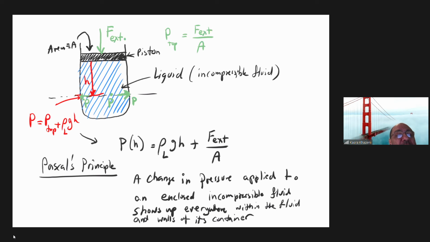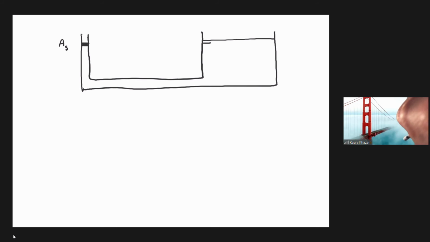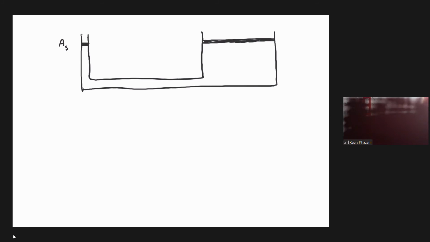Let me give you an example. Suppose I connect two of these devices, but they have two different sizes. Here's my piston with a small cross-section area, and I have another piston here with a large cross-section area.